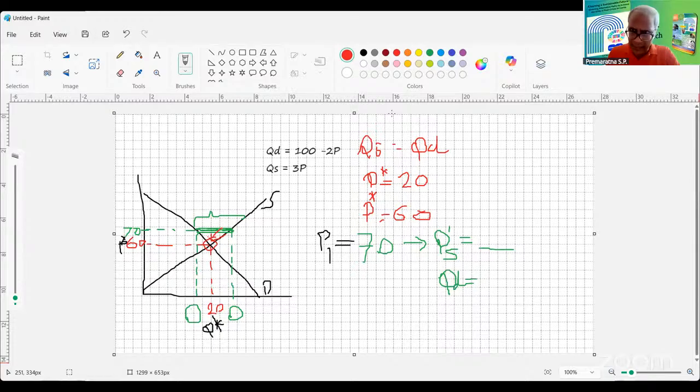The opposite is also the same. Let's say the price becomes $50. Now what happens in the case of 50?